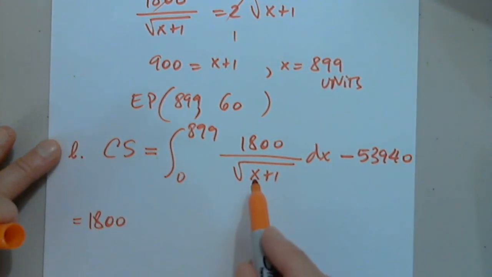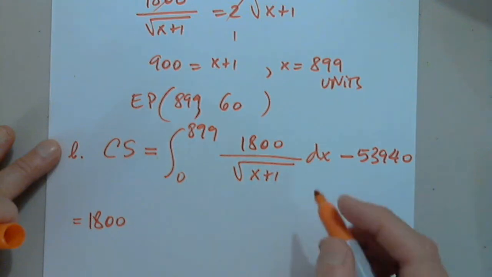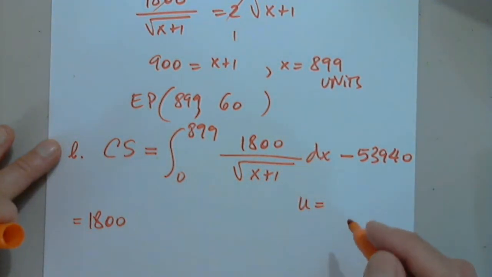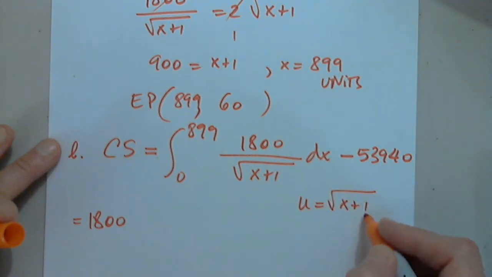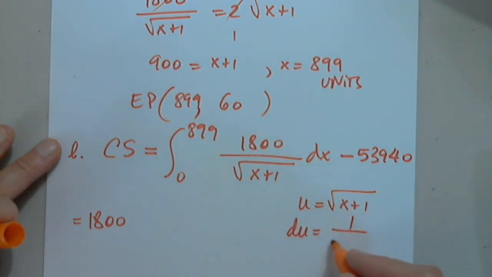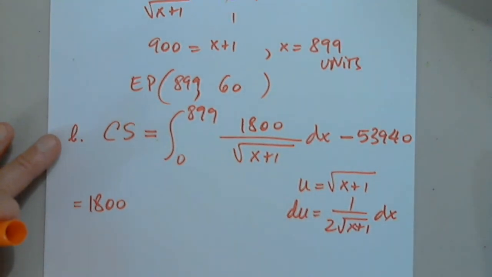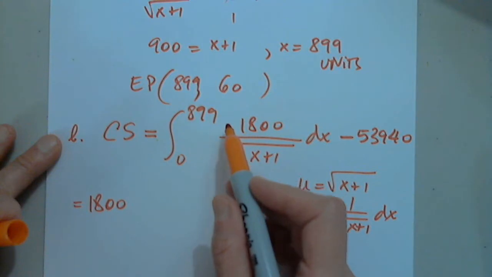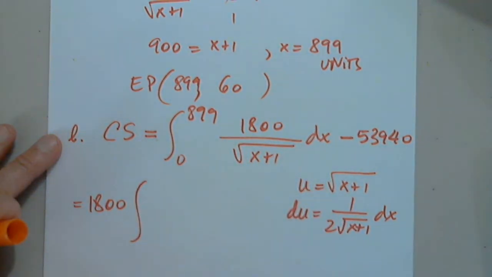And let's use a substitution for this. So I'm going to say let u, like we did before, the square root of x plus 1, du equals 1 over 2 the square root of x plus 1 dx. The only thing I need is a 2 and a 2 at the top, right? So let's do that. Do not copy the limits of integration.